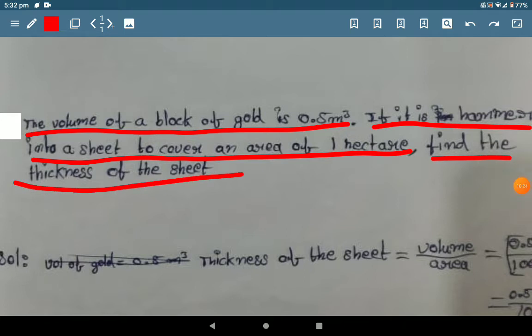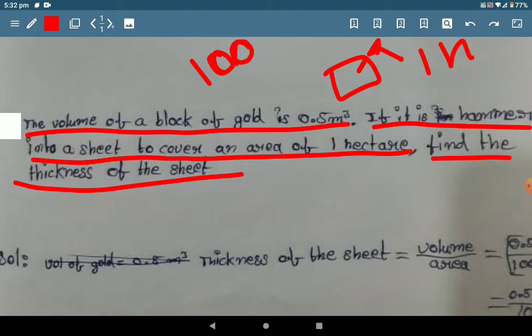So, what they're saying here is they had a block of gold and it was hammered to fit an area of 1 hectare. So 1 hectare is equal to 100 meters. So now we have to find the thickness of the sheet after it was hammered.